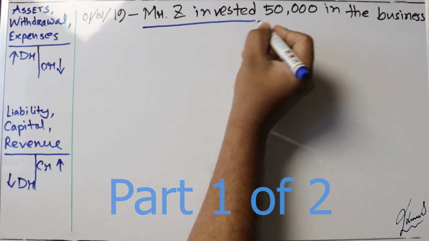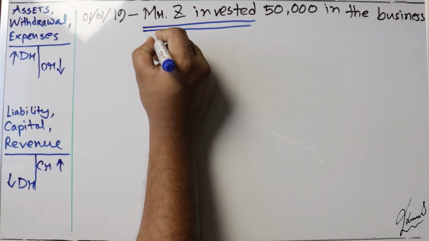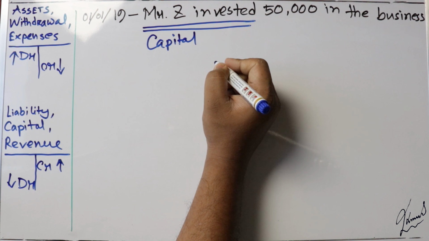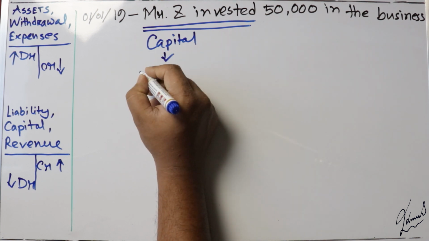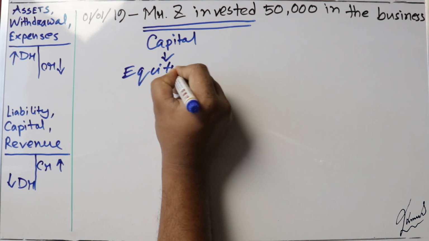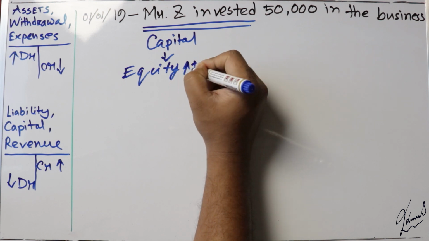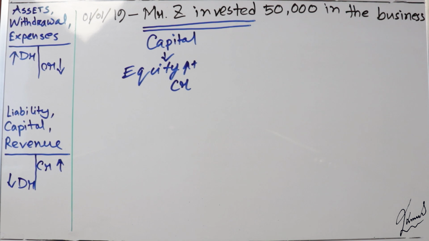So our first transaction is Z invested 50,000 in the business. Z invested, that means it's capital for the company, invested by Z, and capital is part of equity. And as you already know, equity when increased is credit. Capital has increased, so equity has also increased, so it is credit.